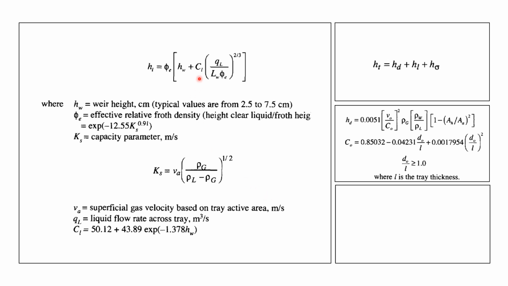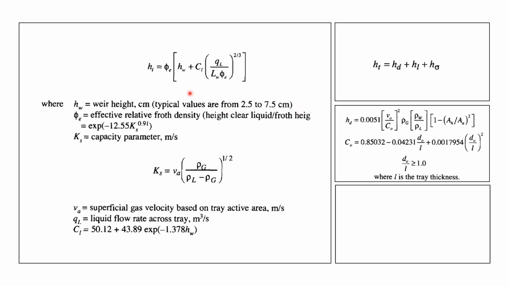And we have CL. CL can be calculated as a function of HW, which is the weir height, and again HW has to be in centimeter. The typical values for HW are between 2.5 and 7.5, which is something decided by you as an engineer.